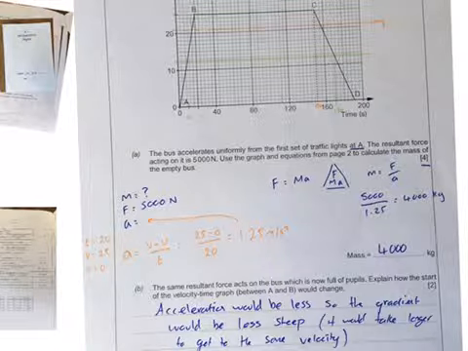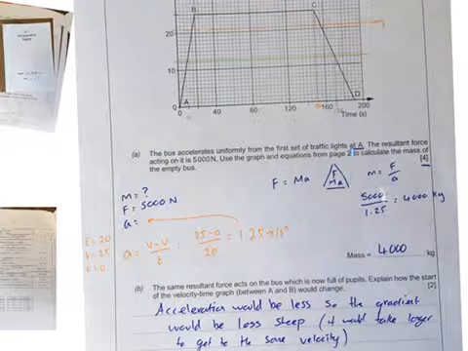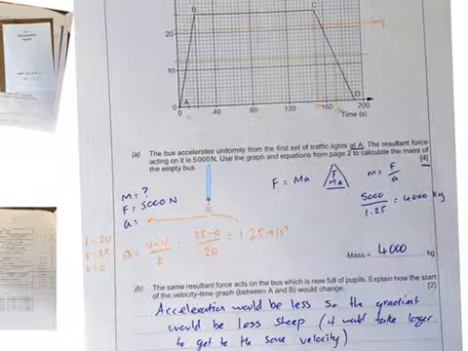Where have I got that from? So it says uniform, from the set of traffic lights, A, resultant force, yeah. So it's just on about this bit here, from A to B. Actually, so it's the force acting from A to B here is 5,000 newtons.